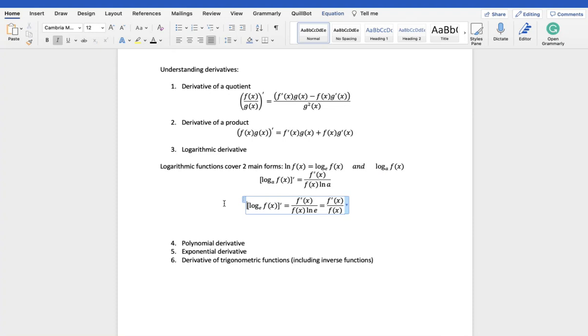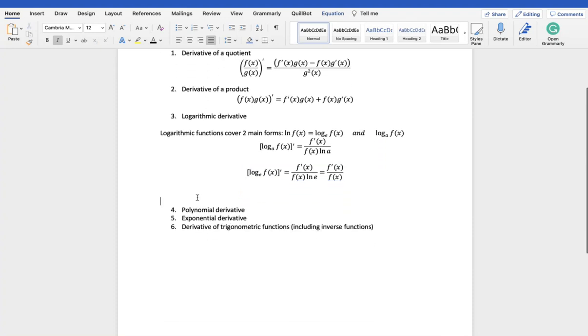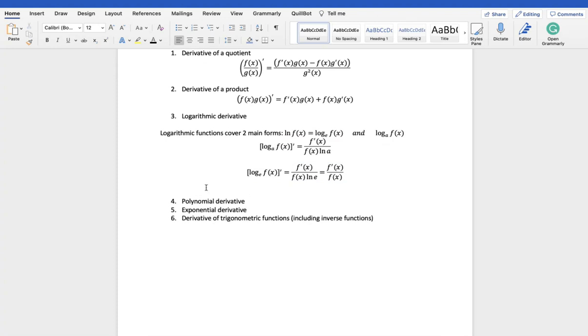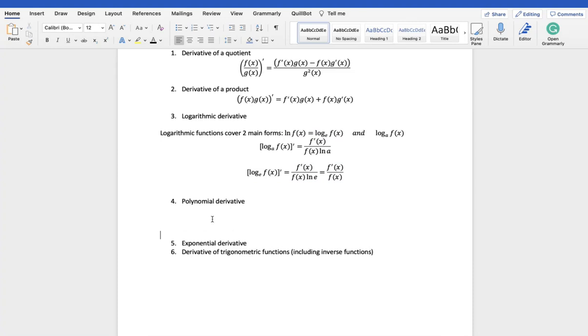So then, since you have that, you can solve any logarithmic expression, and you can find its derivative quite easily using those two forms.